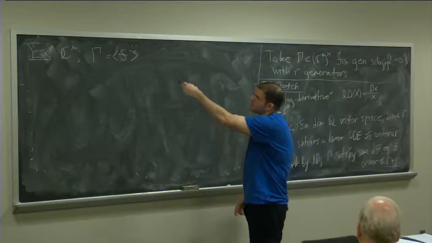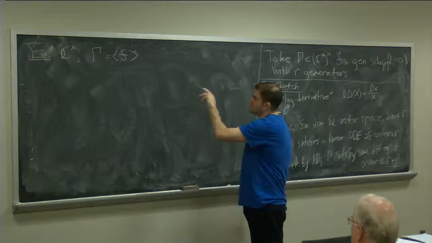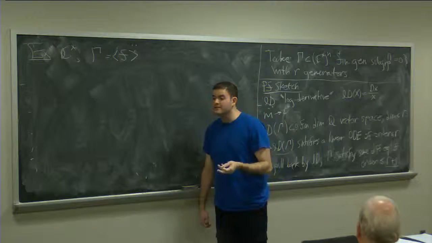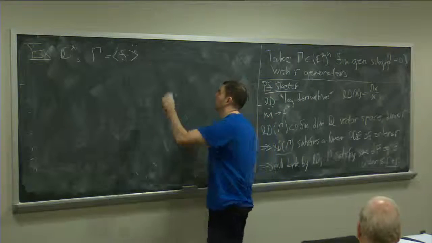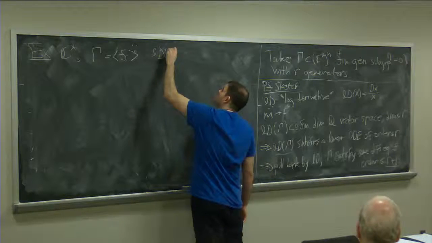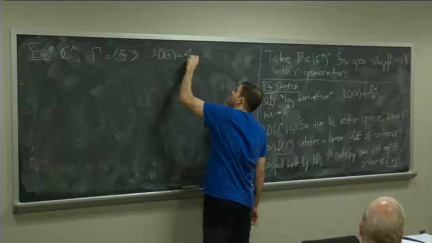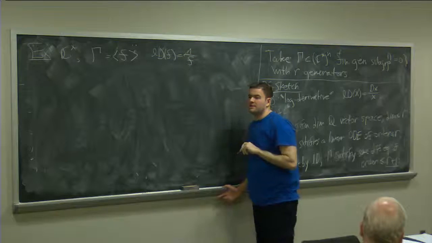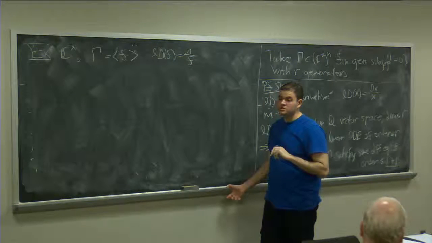Yeah, you're right. So we need to take the logarithmic derivative of f. This will be 1 over f. Now we should find a differential equation satisfied by this 1 over f.